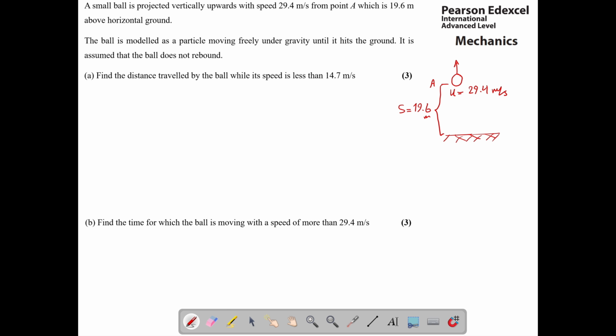Our initial velocity equals 29.4 meters per second. We are looking for the displacement or distance when the velocity is less than 14.7 meters per second.